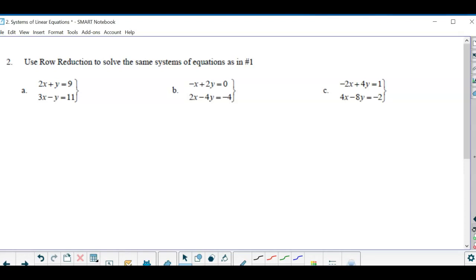So in row reduction, we want to basically make this 0. We're going to have to use probably a multiple of both equations, add them and subtract them to get the entry underneath the first 2x to be 0.